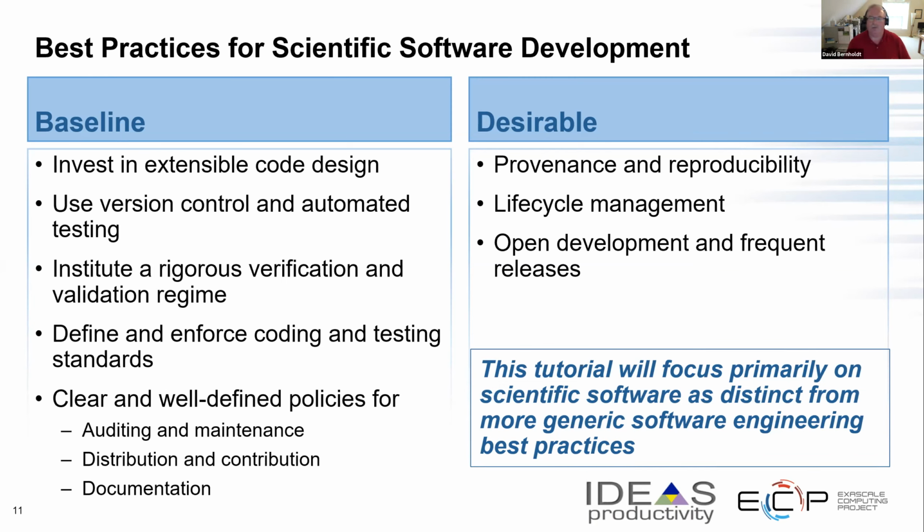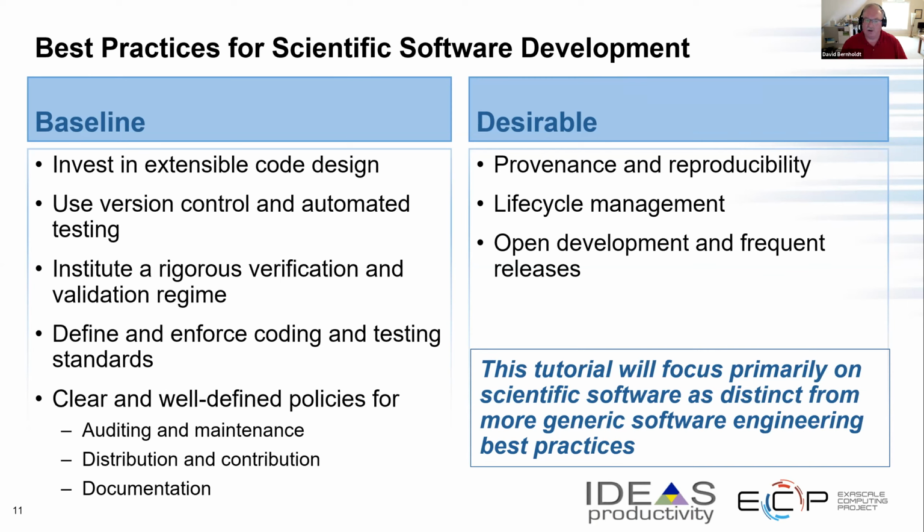Some things to layer on top of that we consider desirable. Be good at tracking the provenance of your code and think about reproducibility of your software, your numerical experiments. Think about the whole life cycle of the code and how you can manage that. And we find that open development of software and frequent releases are a good practice to just help keep things open, keep things public, and engage more people more effectively in the process.